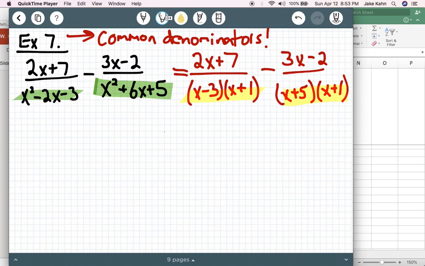So what I mean by this is that we are going to multiply the first fraction by x plus 5, because it doesn't appear on the bottom.